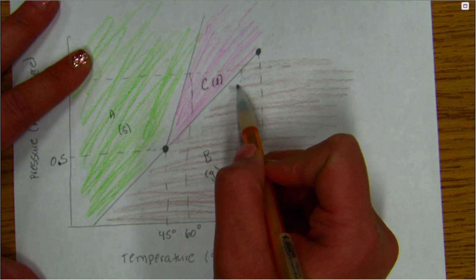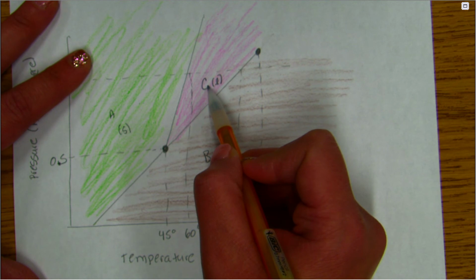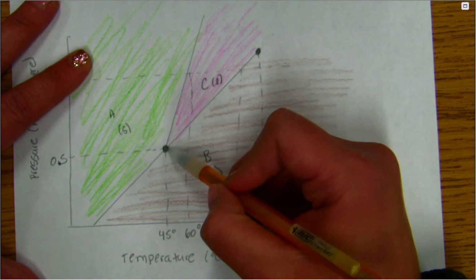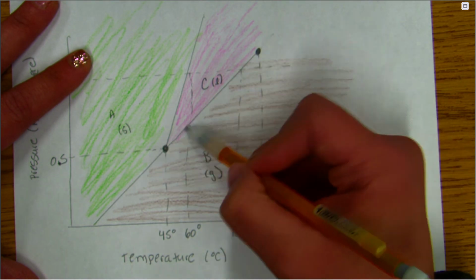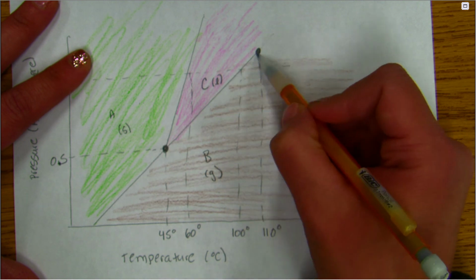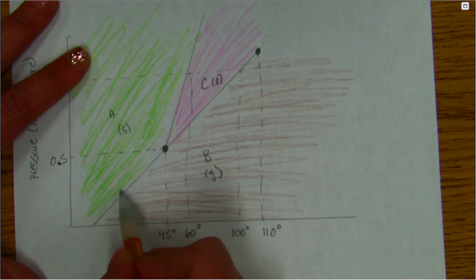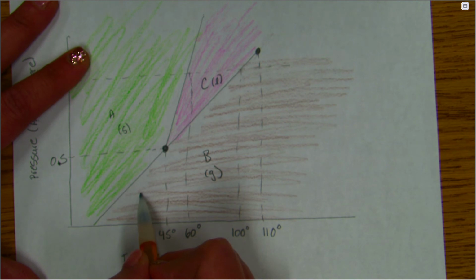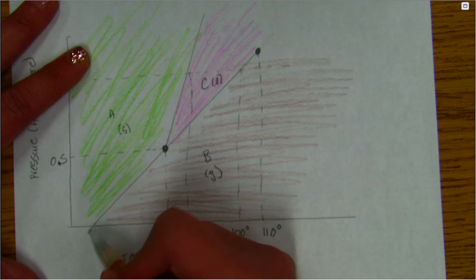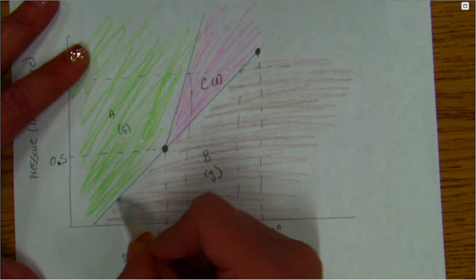If I go from a gas back to a liquid, that is condensation. So right here is my vaporization condensation line. And then finally, if I go from a solid to a gas, that is sublimation. A gas back to a solid is deposition. So this is my sublimation deposition line right here.